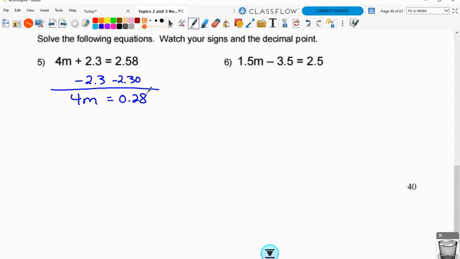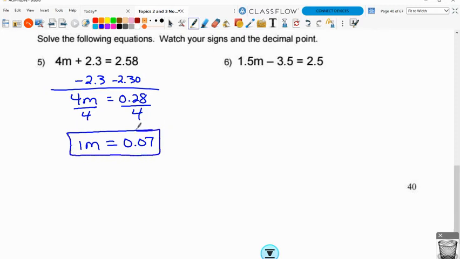So since 4 is multiplying m, I'm going to divide by 4 on the left, which means I have to do the same thing on the right. 4m divided by 4, that gives us the 1m that we're looking for. And if you punch 28/100 divided by 4 into your calculator, you'll get an answer of 7/100. M equals 7/100.